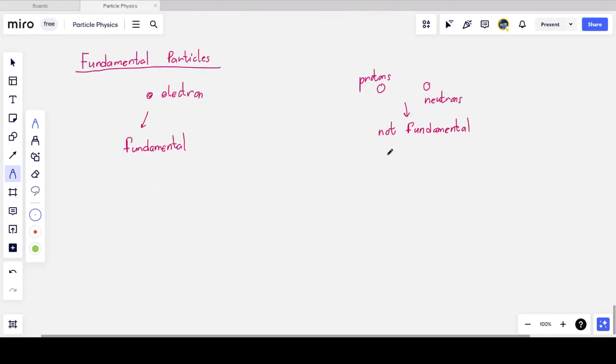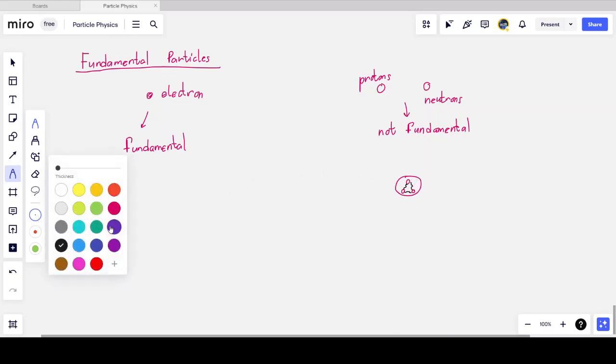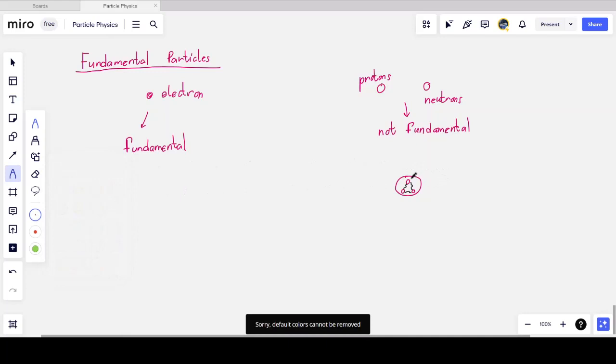So let's zoom in a bit more. Let's assume my proton, making a lot of circular assumptions here. Again, this is just me trying to depict something that really doesn't have a picture. But let's take a proton, for example. Inside a proton, there are 3 smaller particles, and we call these particles quarks.